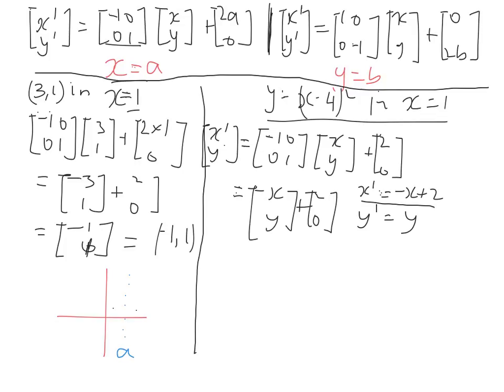So x dashed minus 2 becomes -x, so then x becomes -x plus 2.